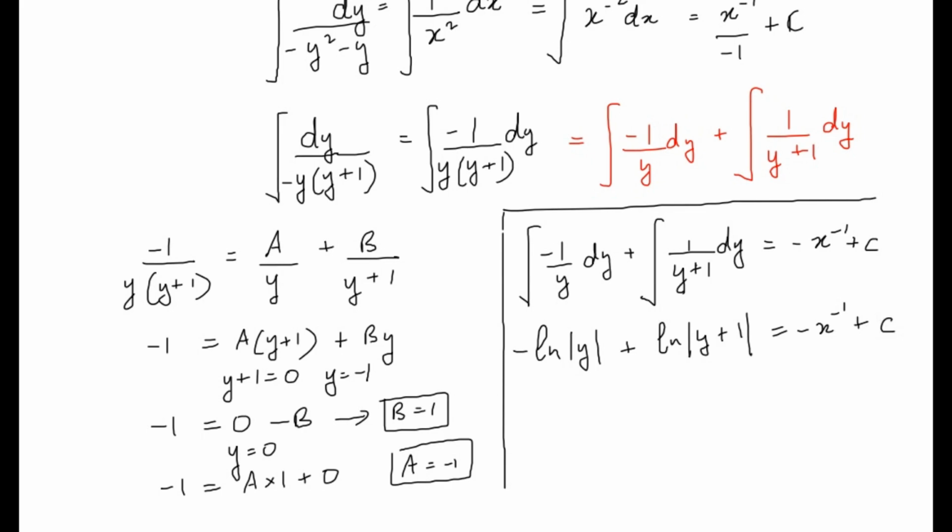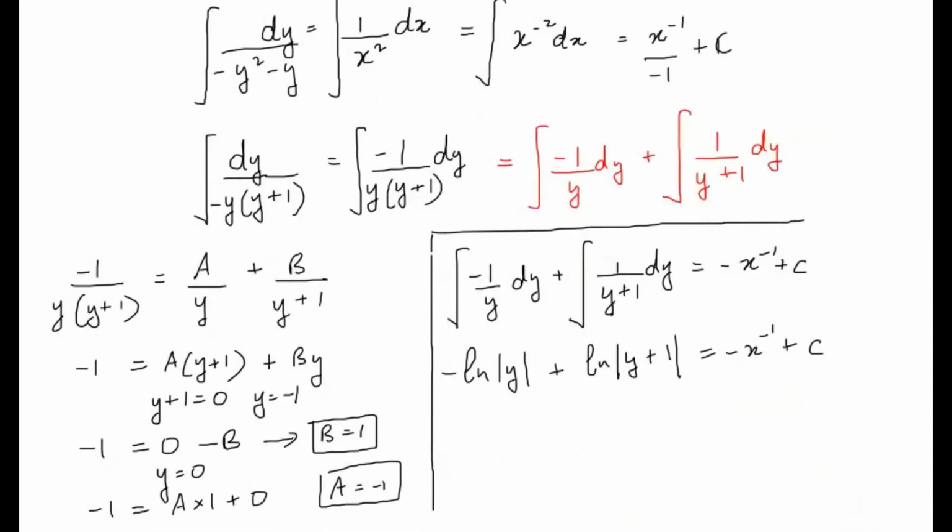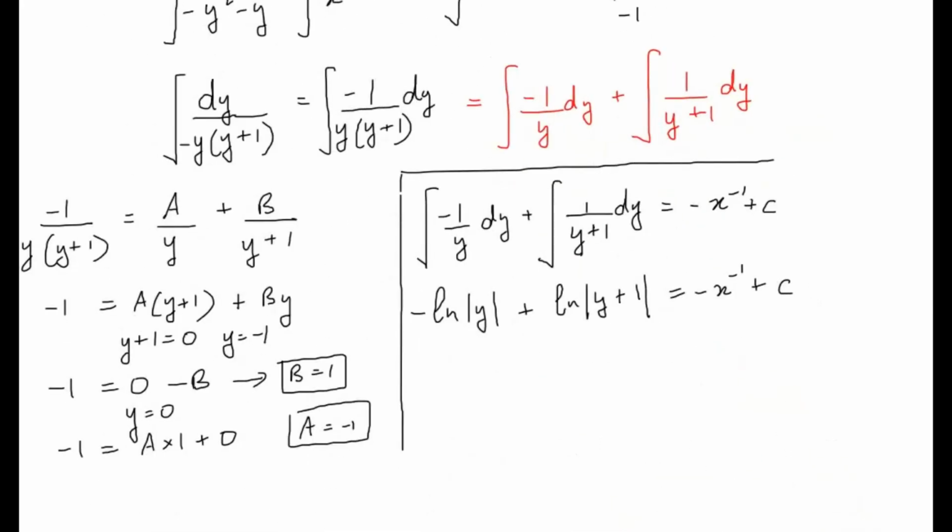Now we need to work on the value of c. So to do that, they've given us x equal to 1 when y equal to 1. Using that, x equals 1, y equals 1. So that's negative ln 1 plus ln 2 equals negative 1 plus c.